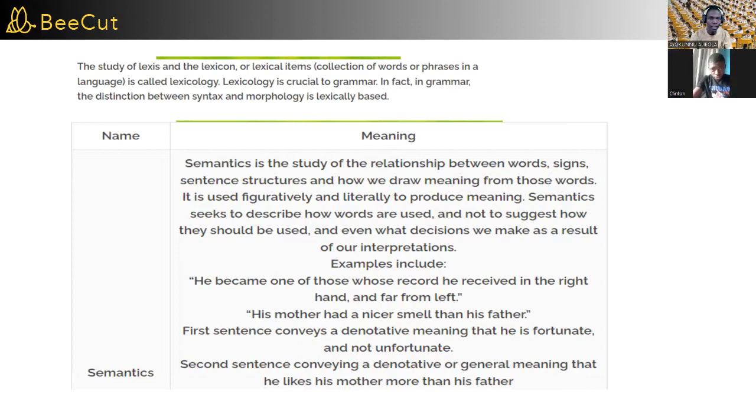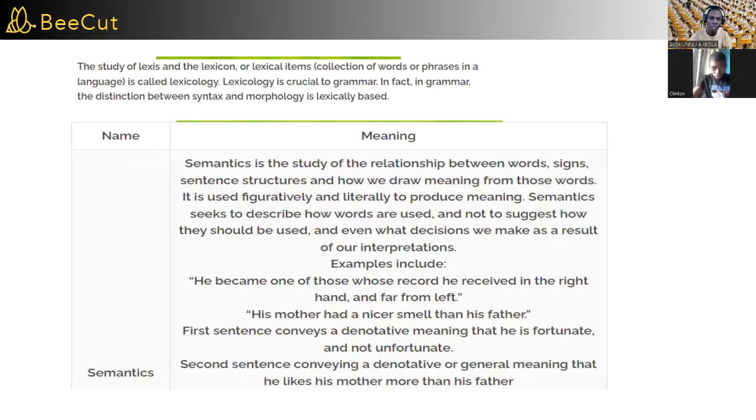We could use a sign like a question mark. We use some words, and we could make use of some sentence structures, and we have to look at what those things actually mean. It is used figuratively and literally to produce meaning, like in figures of speech.